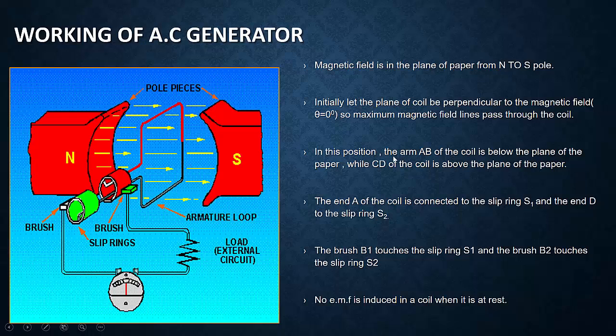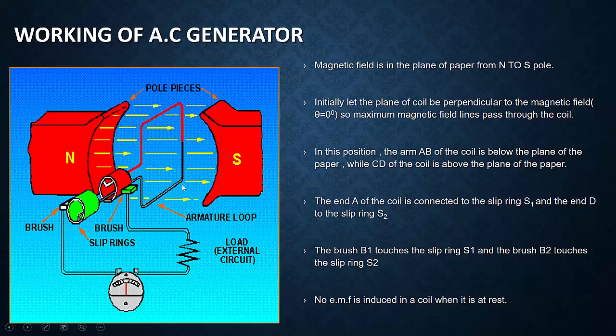In this position, the arm AB of the coil is below the plane of the paper, while CD of the coil is above the plane of the paper. The red color shows CD.